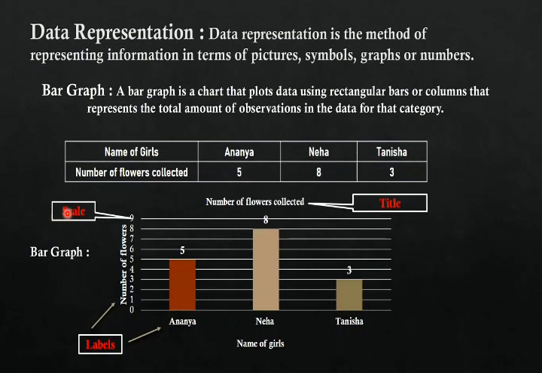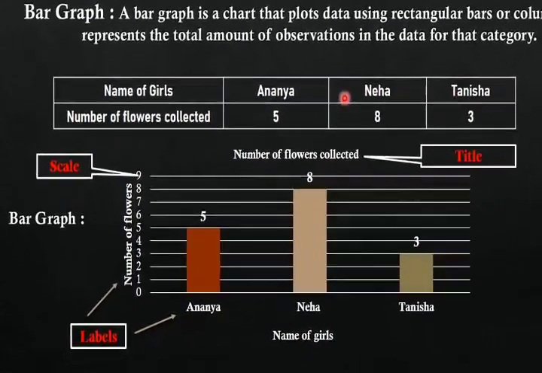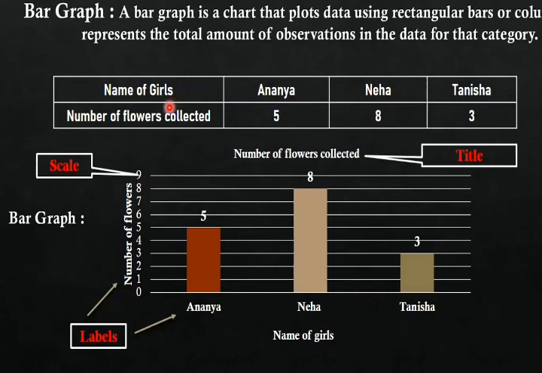Here I have taken one example. In this example, the first row indicates the names of the girls and the second row indicates the number of flowers these girls collected. I want to show this in a bar graph.